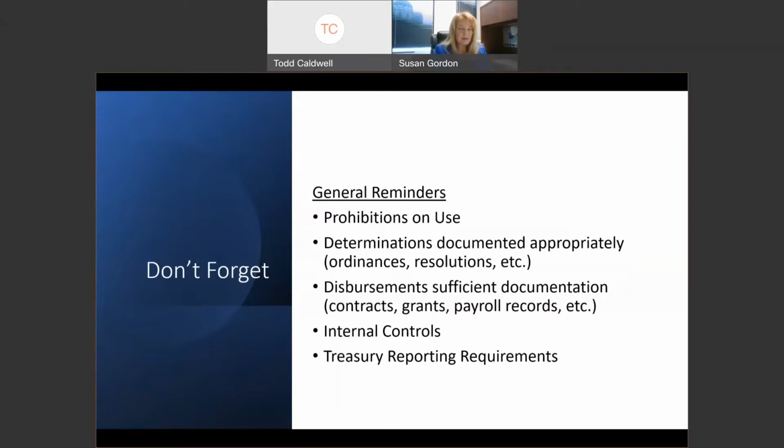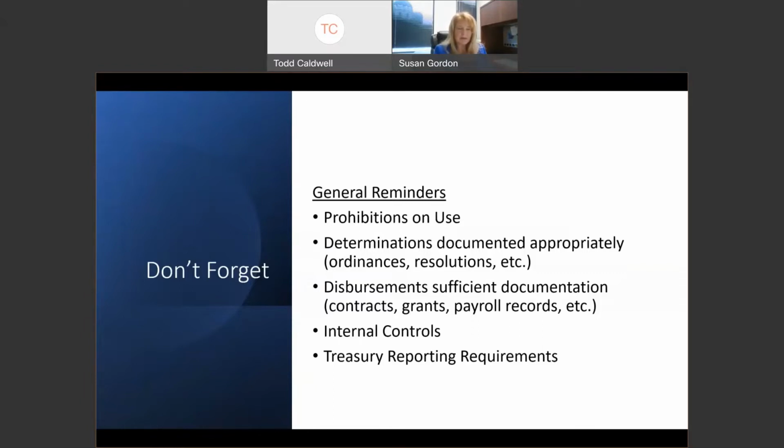Any notes that you have or any attorney opinions that you have, just keep all of those for audit so that our field examiners can take a look at them. Make sure you have sufficient documentation for your disbursements. Like always, you should have a contract or some type of an invoice, a grant agreement, payroll records, etc.